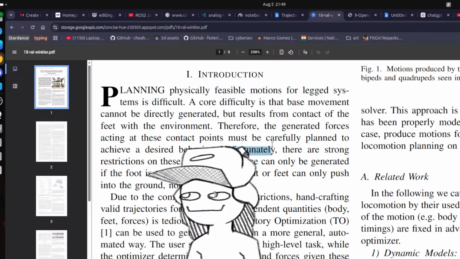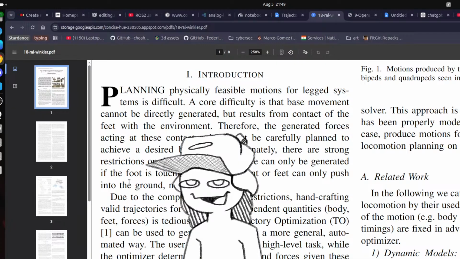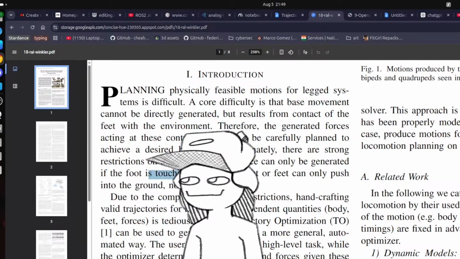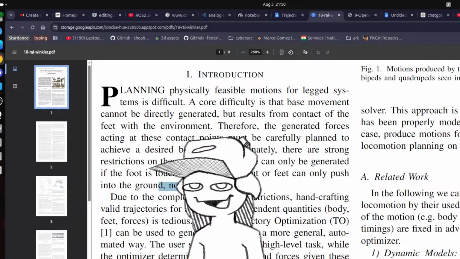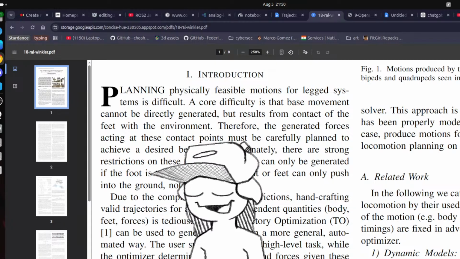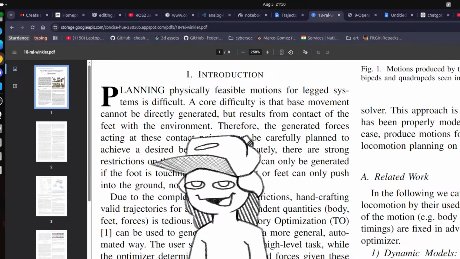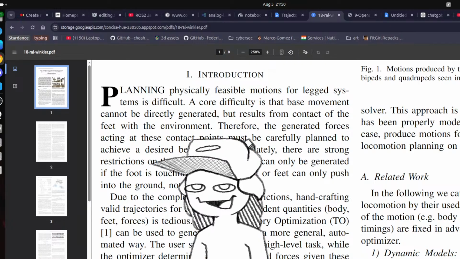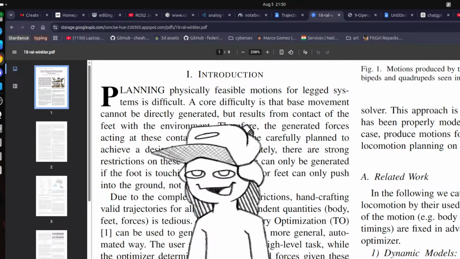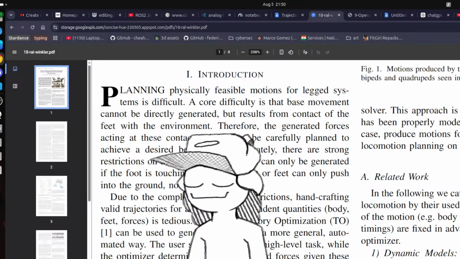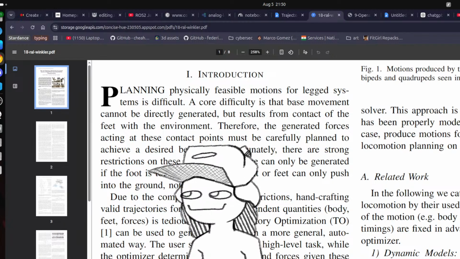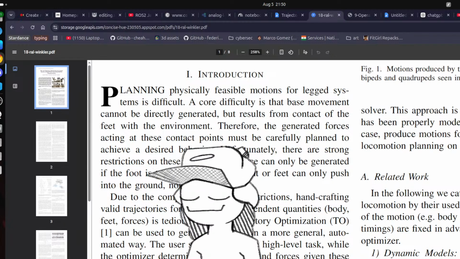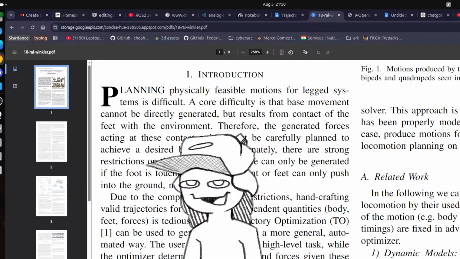A force can only be generated if the foot is touching the environment, or feet can only push into the ground, not pull on it. These are the few constraints and assumptions that they took, and this is the main reason that they chose the two states of the legs, swing and stance. Essentially, that divides the problem into two subparts.